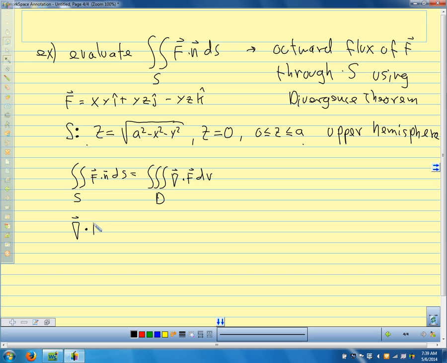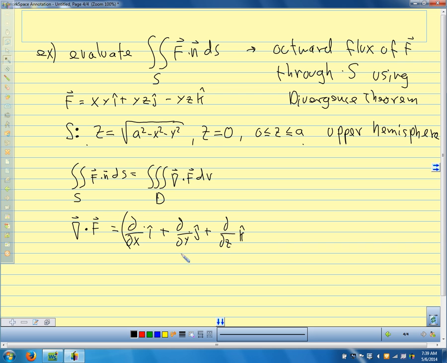So let's find our divergence. Divergence of F. Do you remember how to find the divergence? Divergence of F is del dot F. So just to rewrite it, d/dx i hat plus d/dy j hat plus d/dz k hat.